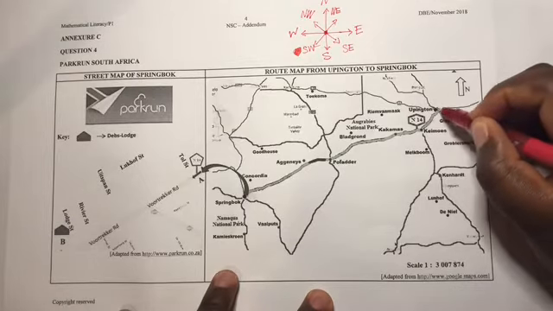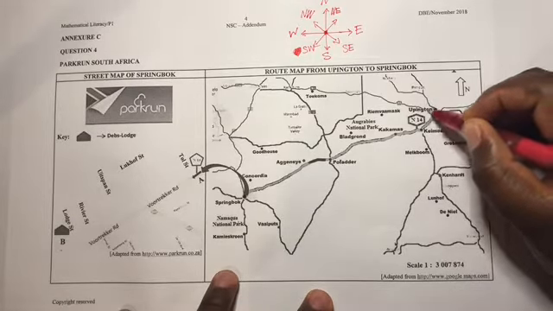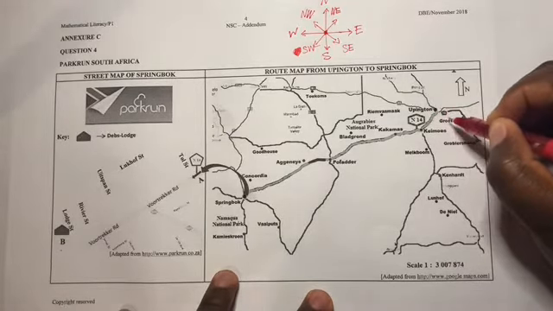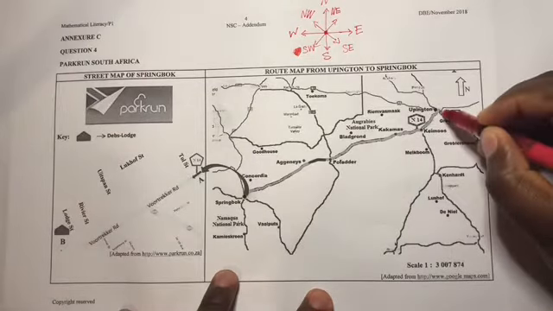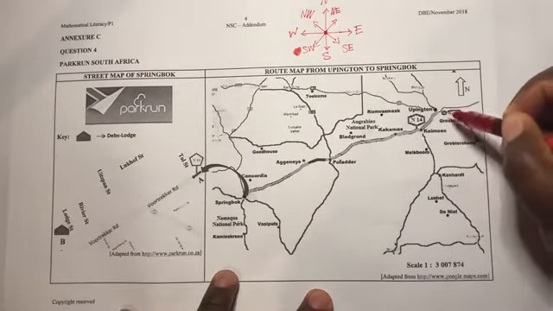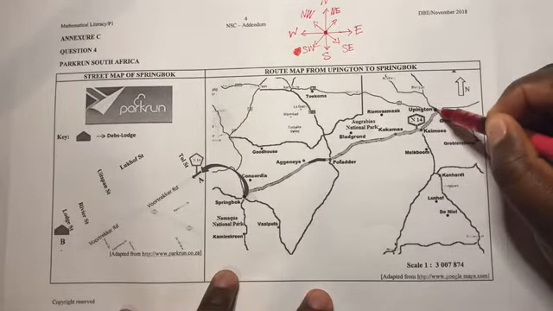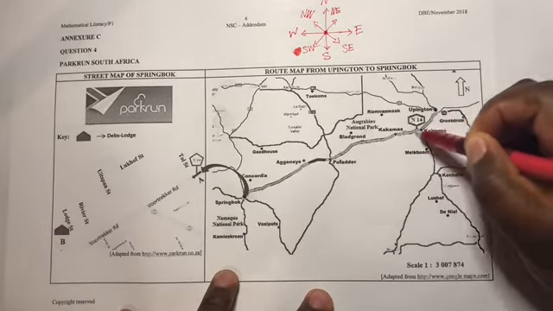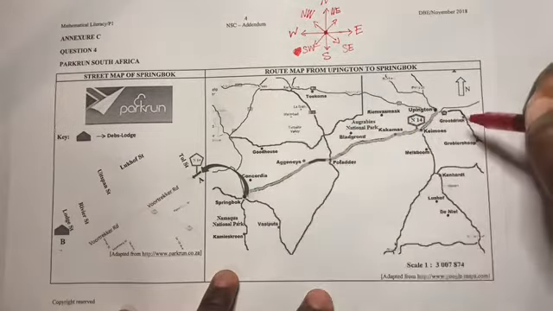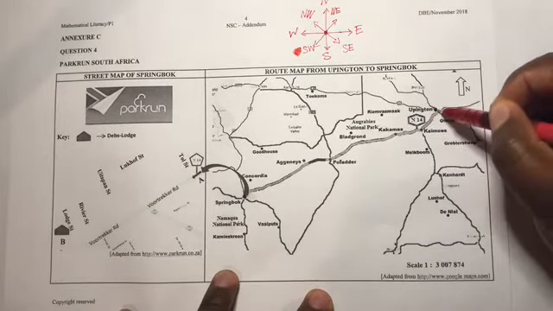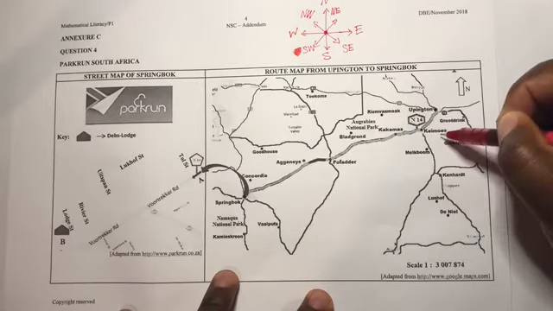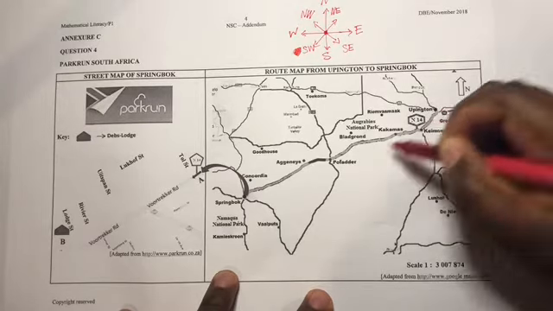You can just draw a compass there if they say give the direction of Springbok from Upington. You just draw your compass there, and you can easily indicate that when you follow this route to Springbok, you'll be going southwards, but on the western side of the compass.